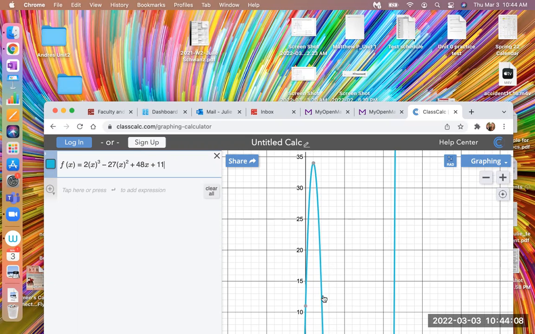Possibly if I follow this down, I'm probably going to find that min value. So I look here, and it tells me where it's happening on the x-axis. That's the first value in parentheses there, the 1, and where this max is happening on the y-axis, and that's the 34. So that's our max value.